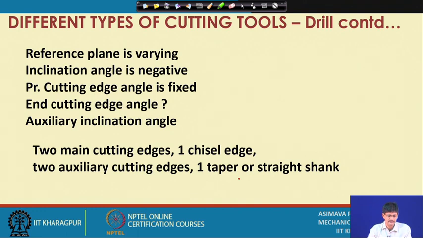Exact values we will deal with later. So, these are the main things we note about the drill geometry, and the question before you is: what is the value of the end cutting edge angle in a twist drill with two flutes, and what is the value of the auxiliary inclination angle?